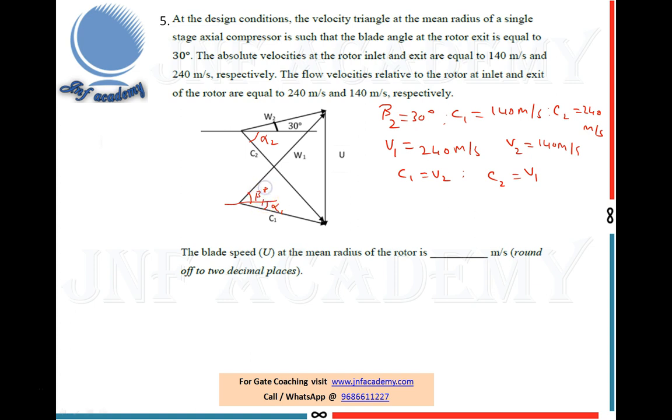Since it is a symmetric velocity triangle, from the diagram we can directly write C1 cos alpha 1 is equal to V1 cos beta 1.